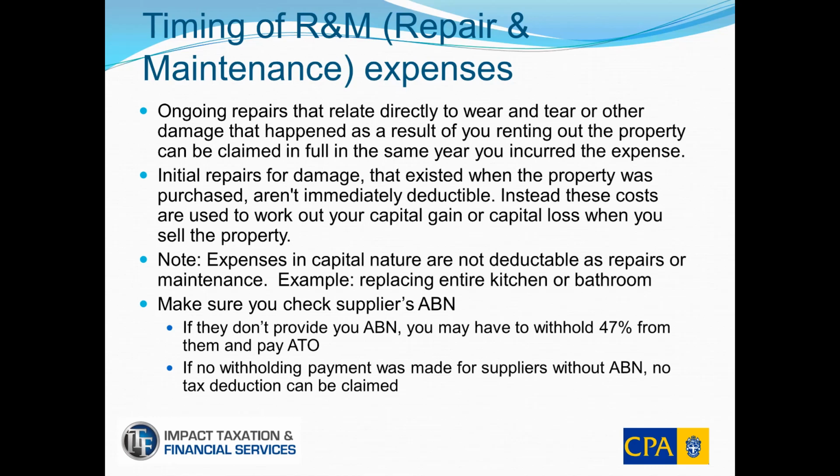Or you can give the person a discounted rental, and while that person is living there, you get someone in to do the repair. Then you can claim the expenses in that tax year.